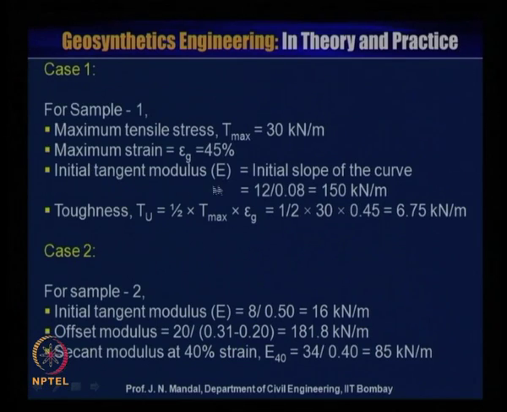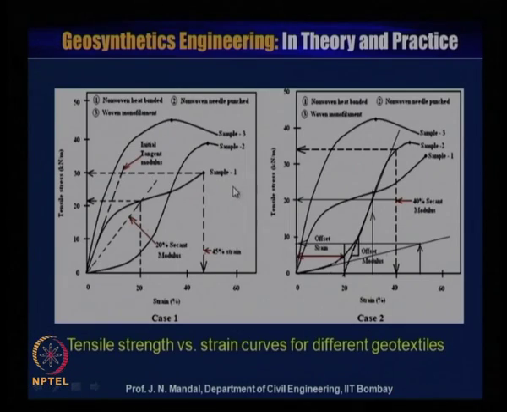Now, the initial tangent modulus. The initial tangent modulus E is equal to the initial slope of the curve. So, initial tangent modulus means this initial slope of the curve.